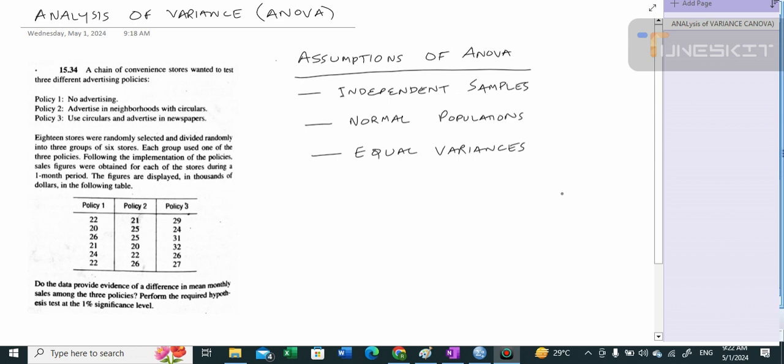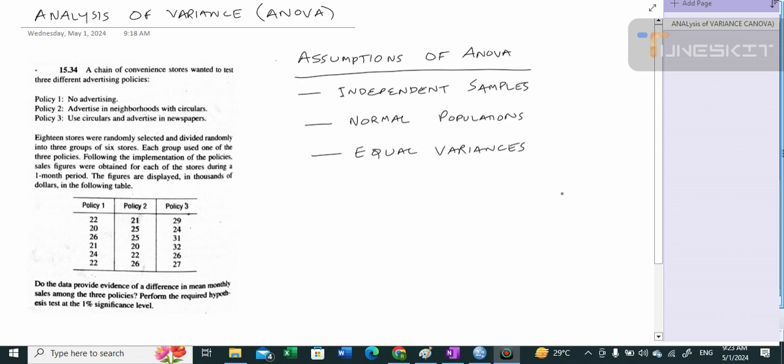So the first group of 6 stores is asked to follow the policy of no advertising, which is policy 1. The second group of 6 stores followed policy 2, which is based upon advertising in neighborhoods with circulars. And the last set of 6 stores followed policy 3, which is using circulars and advertising in newspapers, both the options.